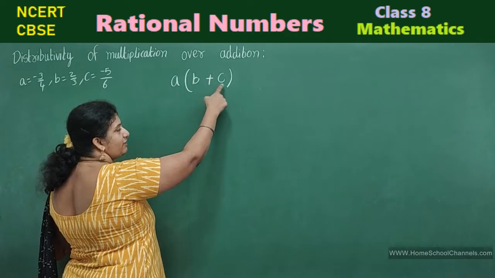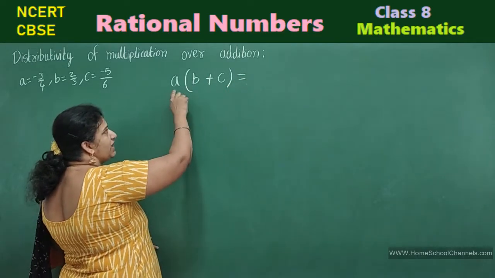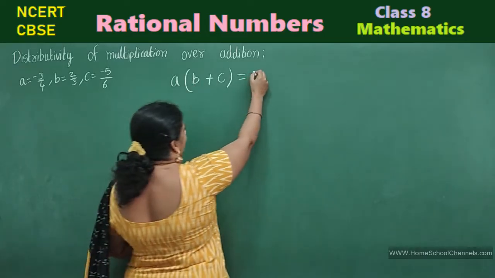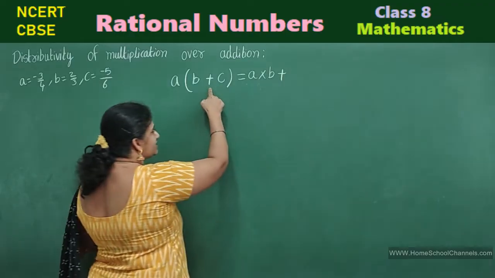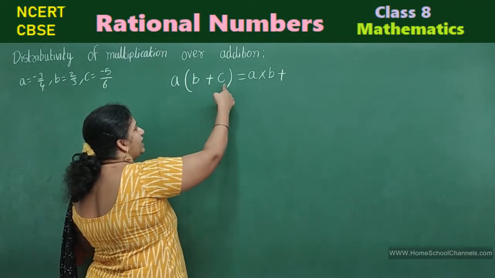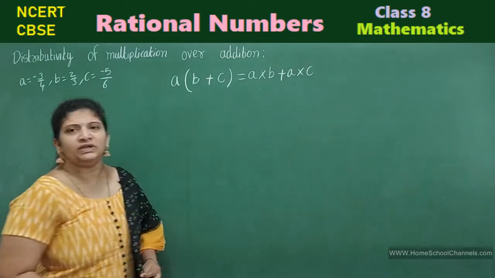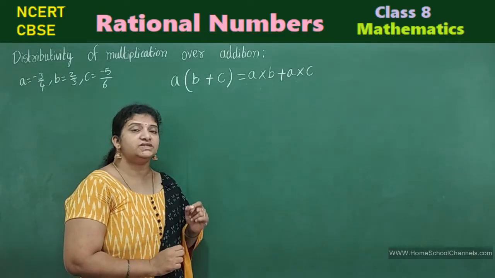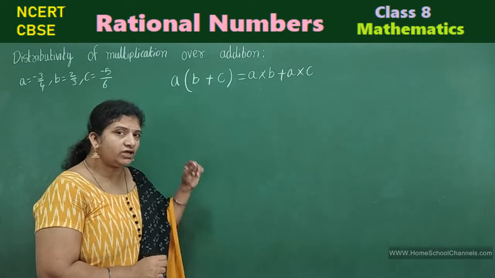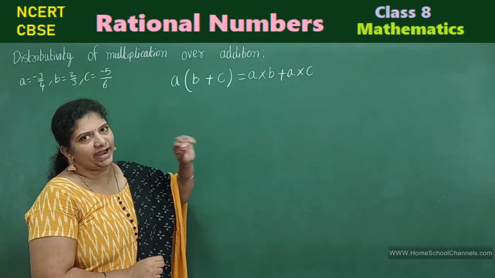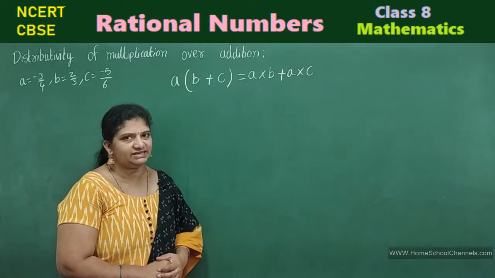A into B plus C is equal to, now start multiplying, A into B, or AB, plus A into C. This is the property you need to remember for the distributive property over addition: A into B plus C is equal to AB plus AC.